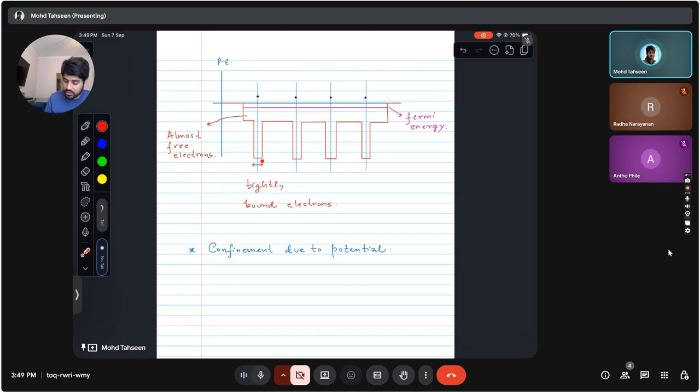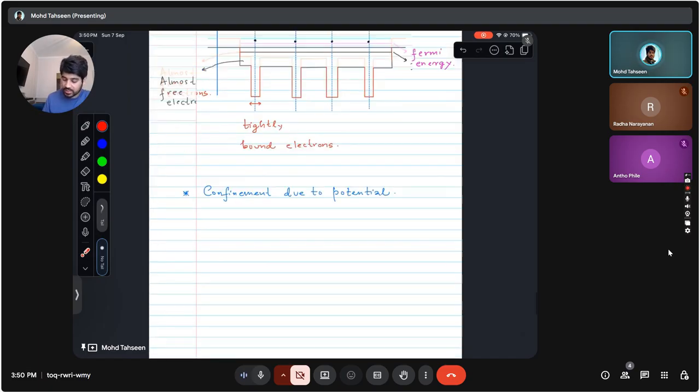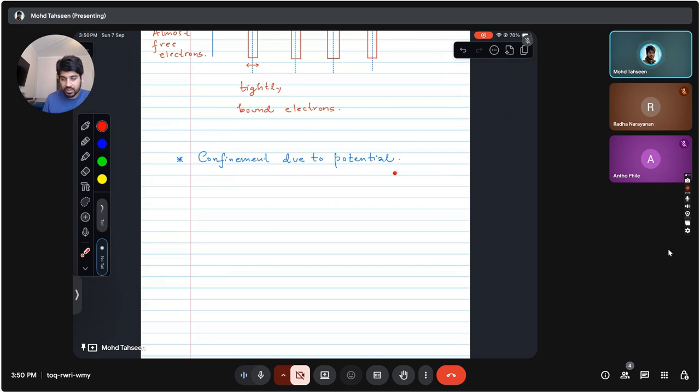For example, the electrons in this well are confined to this region only, while for this other well, if you consider this whole thing as a well, the electrons are confined to this region. So the takeaway is that there's confinement which happens due to the potential wells, I should say, not just potential. The confinement of electrons happens due to the potential well structure of the energy.